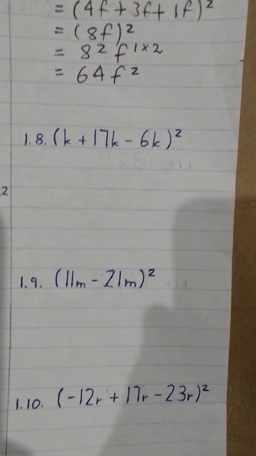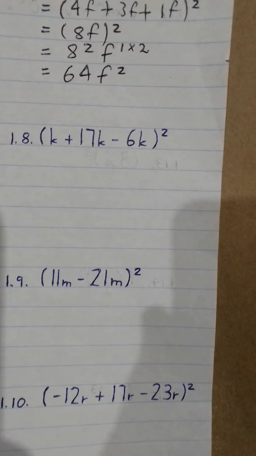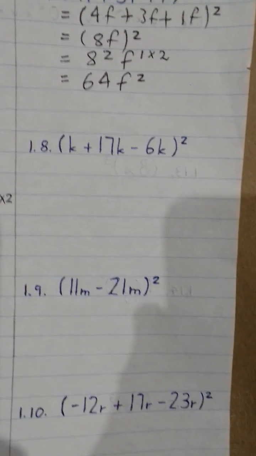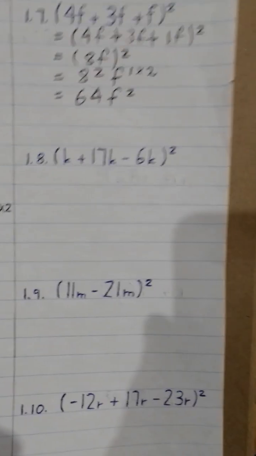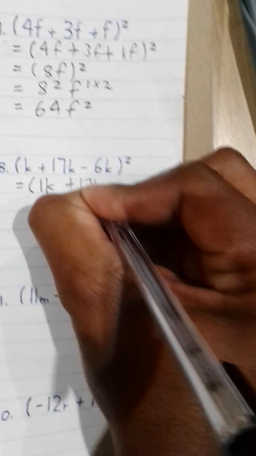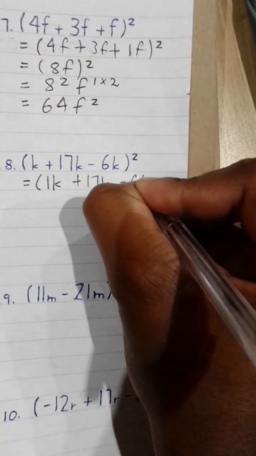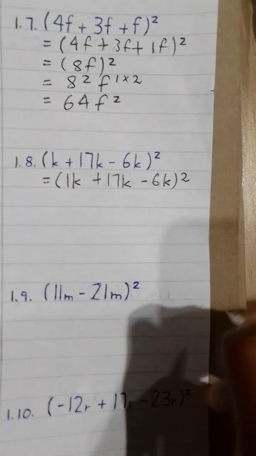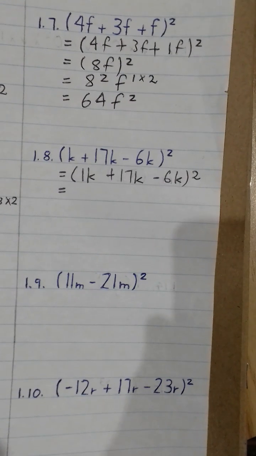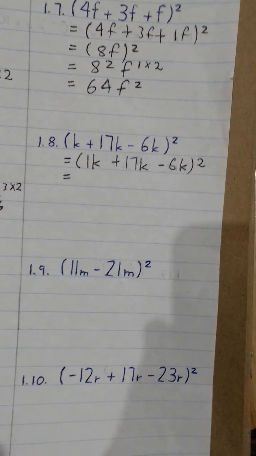1.8, open bracket k plus 17k minus 6k close bracket squared. Make sure everything has a coefficient. So this is 1k plus 17k minus 6k, close bracket squared. Are they like terms? Yes, they all contain the same variable k.